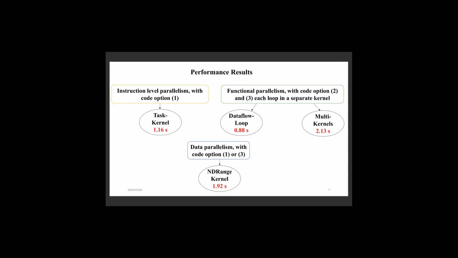Therefore, in terms of performance, we can see in conclusion that the mapping option dataflow over loops provided the best concurrency mapping performance for our target kernel.